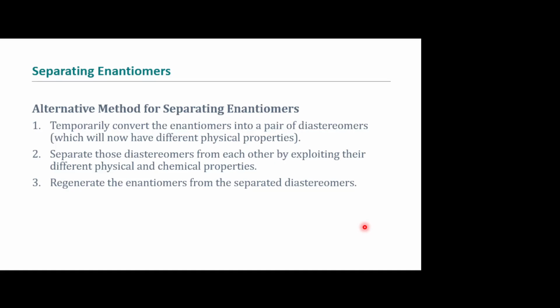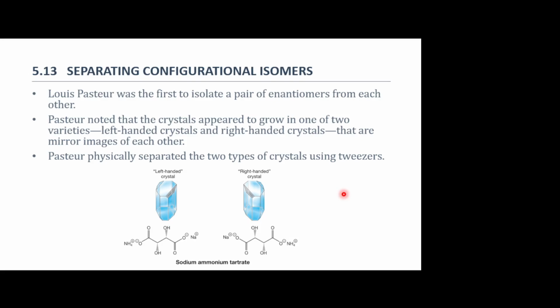Because they're different forms, if you do a reaction, they're going to give different diastereomers. You can separate the diastereomers from each other by exploiting their different physical and chemical properties. For example, these crystallize in different patterns, and so they'll form two different crystals that you can then pull apart.